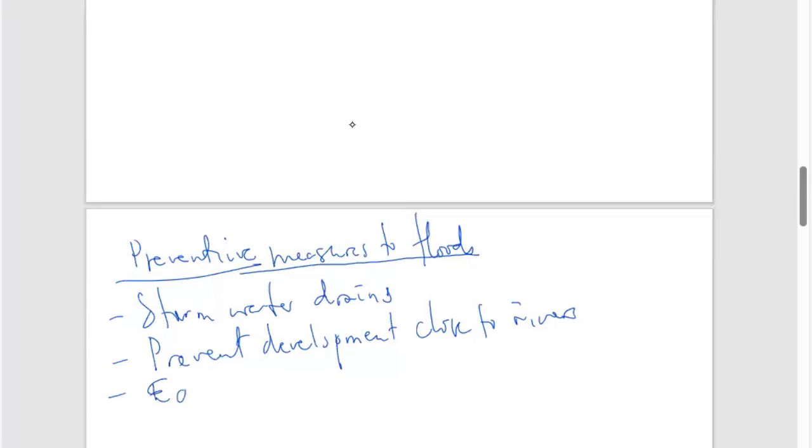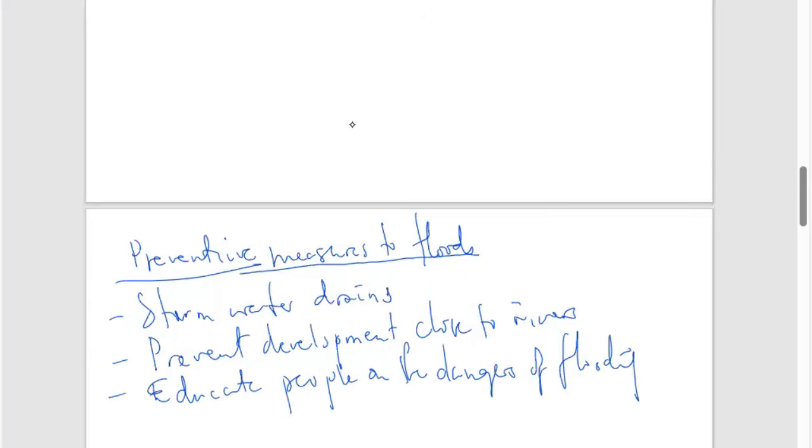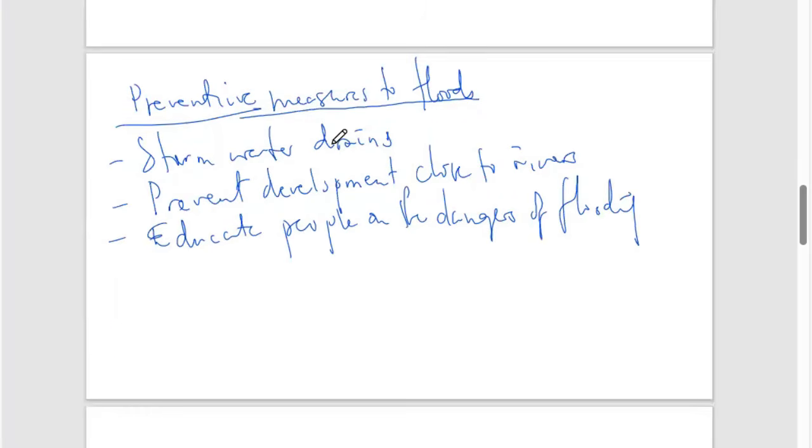Then also we need to equip people with education, educate people on the dangers of flooding. Look at other aspects like providing formal housing.